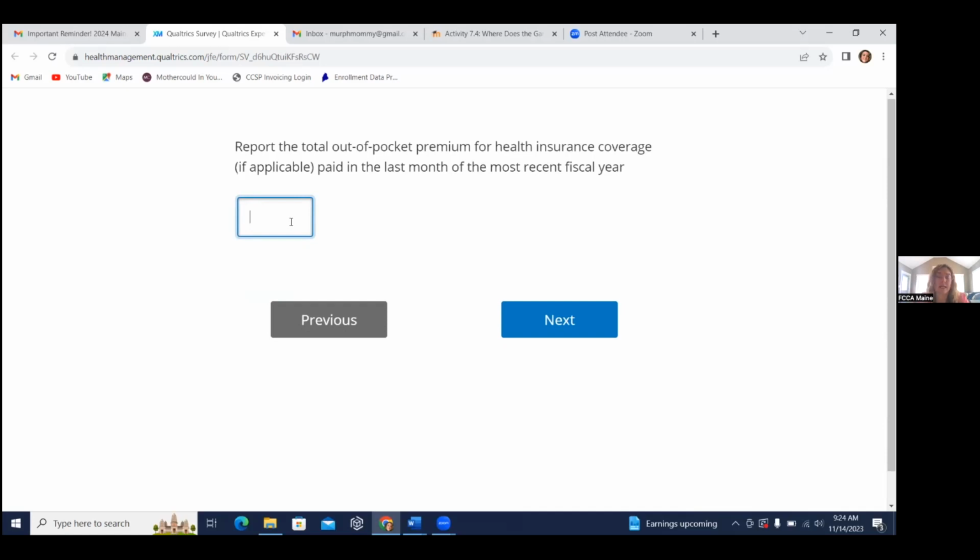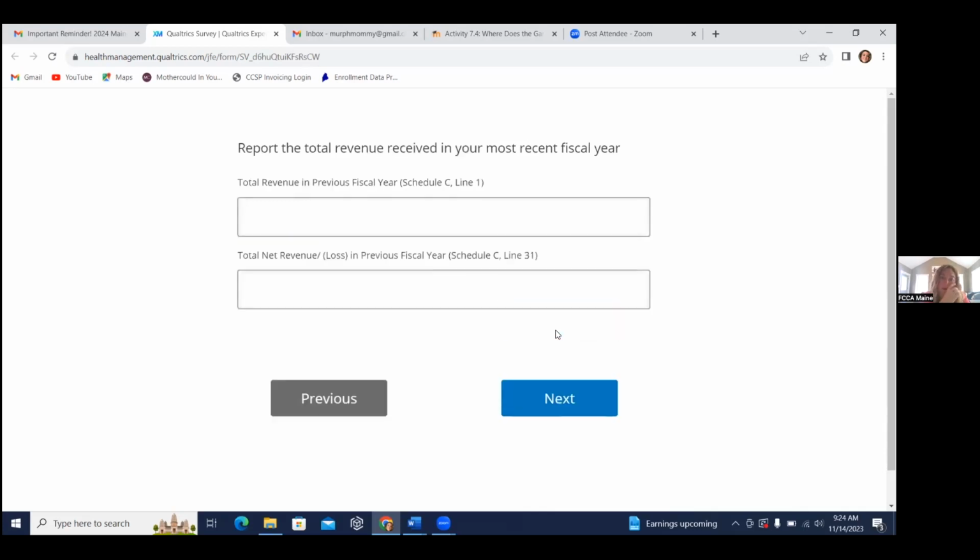We said it was Maine Care, and it now says report the total out-of-pocket premium for health insurance coverage, if applicable, paid in the last month of the most recent fiscal year. Maine Care is free, so we could put 0. Or if you had to get a prescription, maybe a $20 copay. We'll do 20.